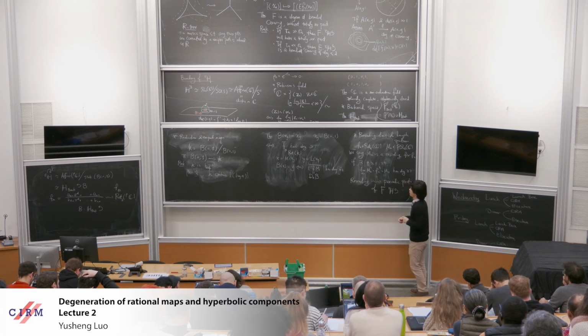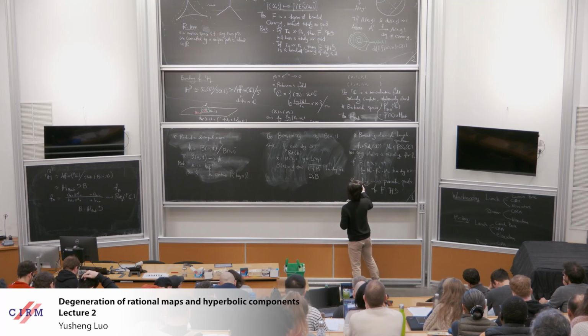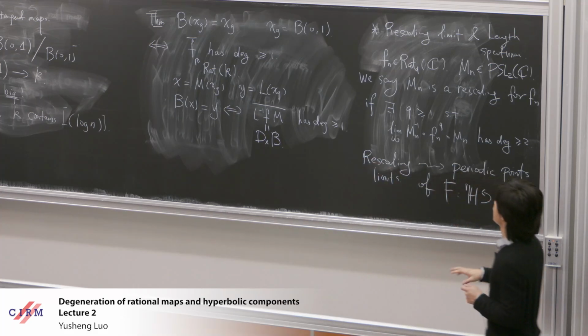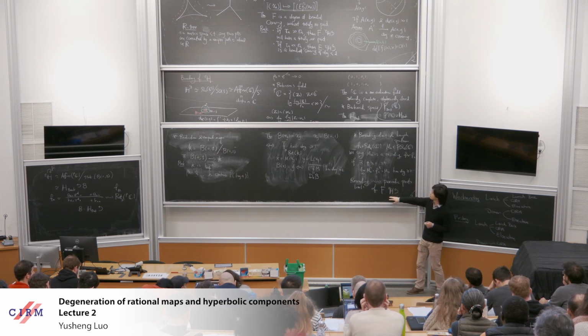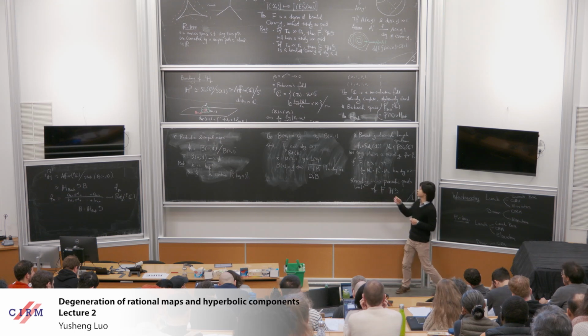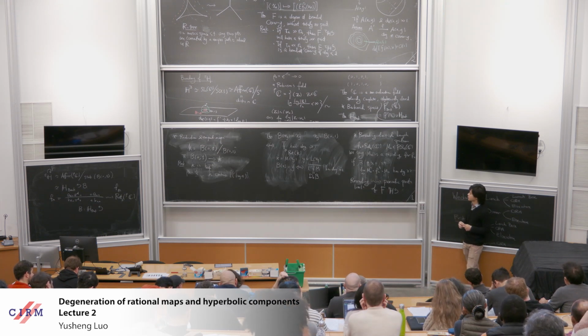But unfortunately, not necessarily every periodic point of f would give you a rescaling limit, even if the degree is 2, unlike when we are studying the family case.